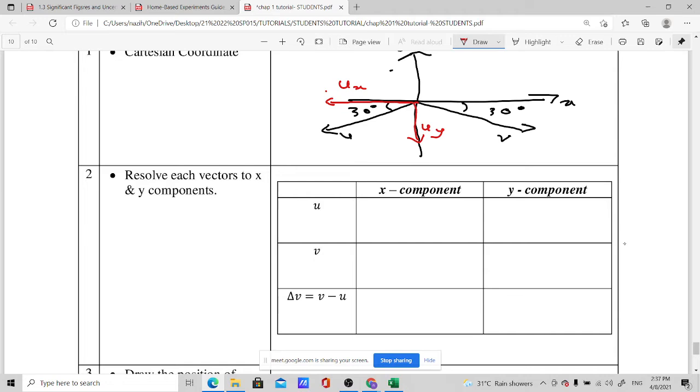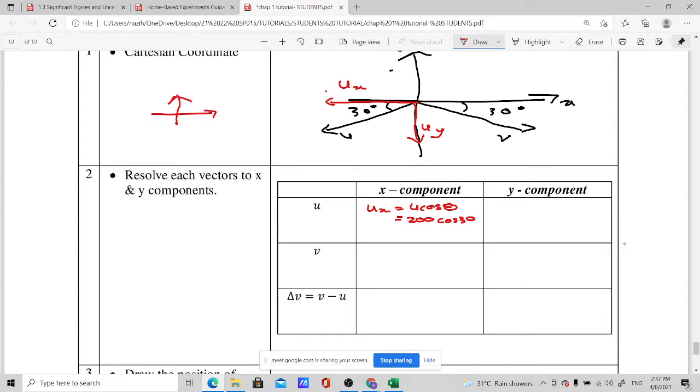So let's do the ux first. My ux is going to be u cos theta, because the angle is here. The axis that has the angle, we put cos. So we use cos theta. If you substitute, you should get 200 cos 30. But please remember the sign convention.